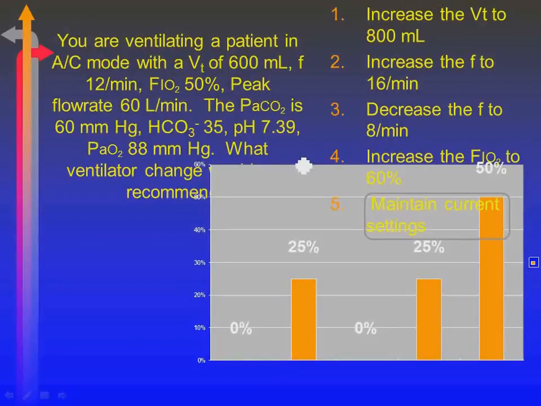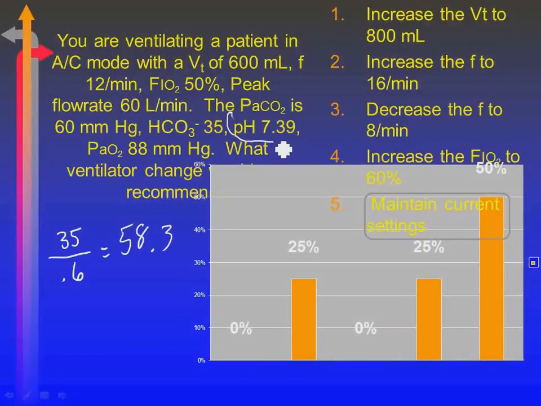Okay. Let's take a look at what CO2 I would want to correct to. CO2 is at 60. So there really is not a need to make any changes related to that.